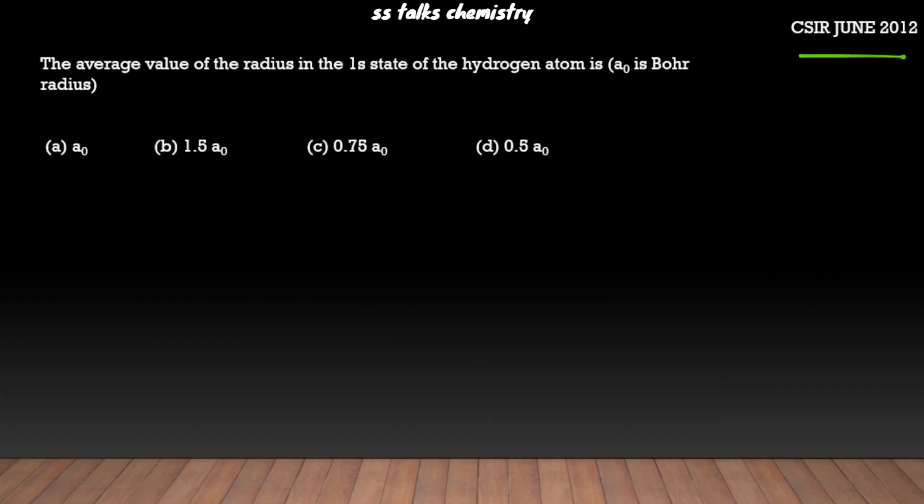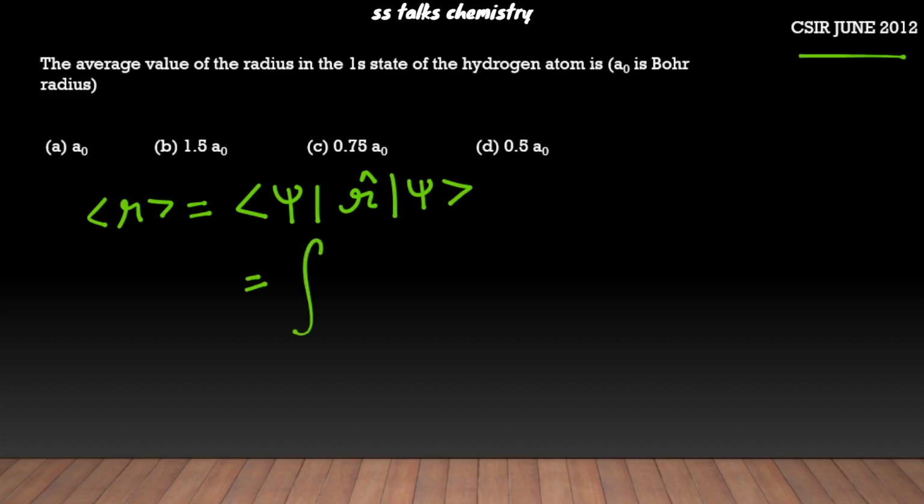Next, again the same paper only. The question says the average value of the radius in the 1s state of the hydrogen atom is, where a0 is the Bohr radius. Okay, so the average value of r is going to be equal to, in bracket notation, I am writing it, psi, the operator r, psi in the ket notation that we have kept. So this is equivalent to the integration of psi star into r into psi d tau.